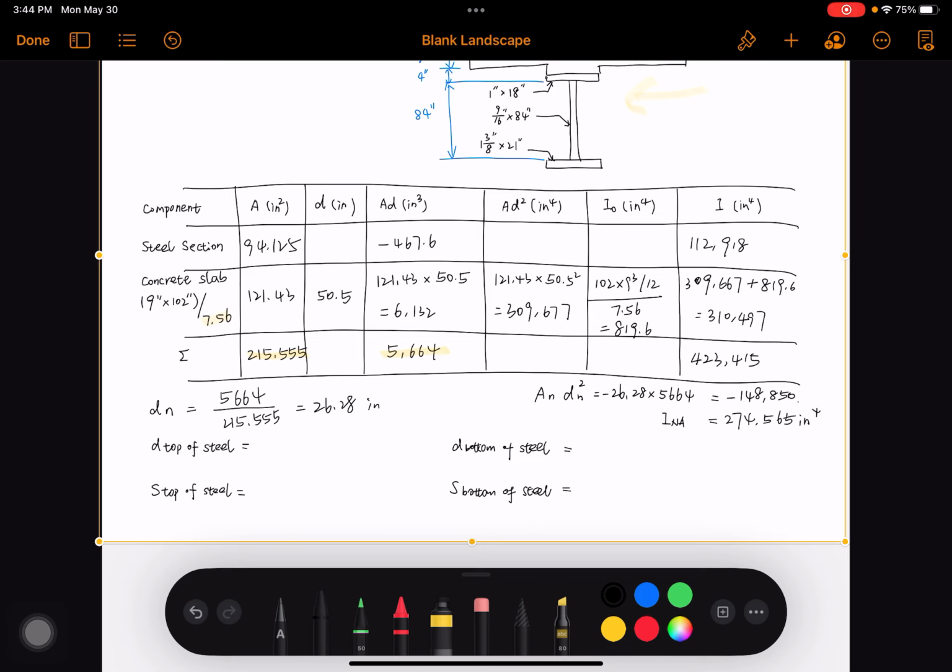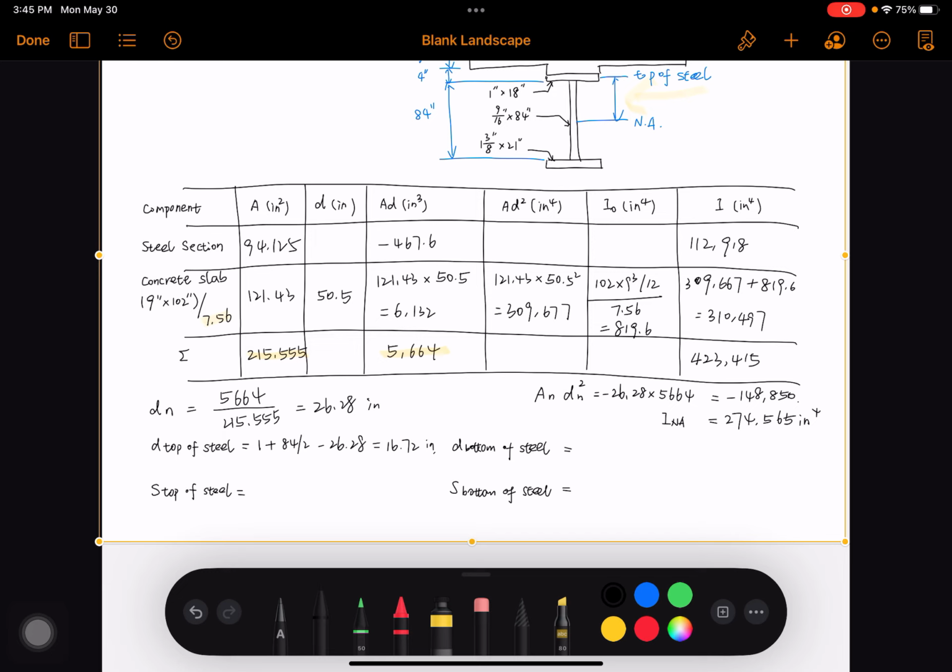The distance between the top of steel and the neutral axis is calculated as 1 inch plus 84 divided by 2 minus 26.28, which gives 16.72 inch.